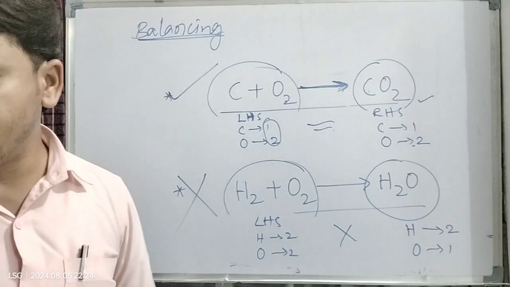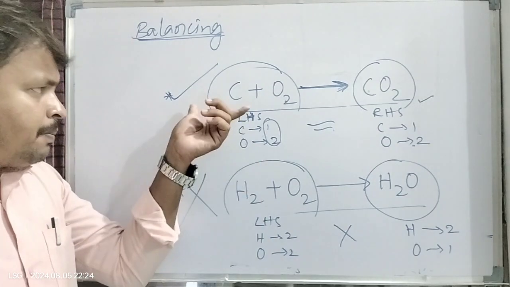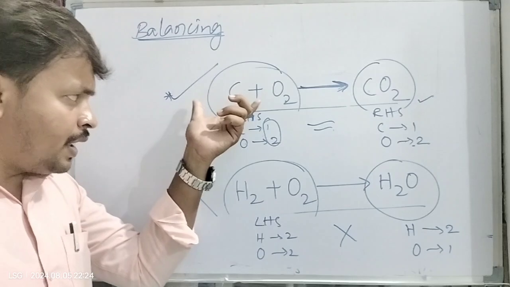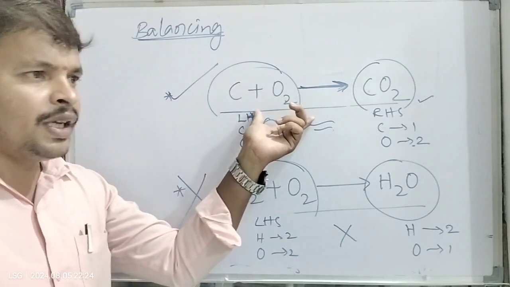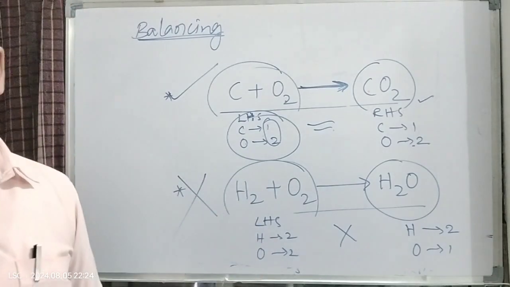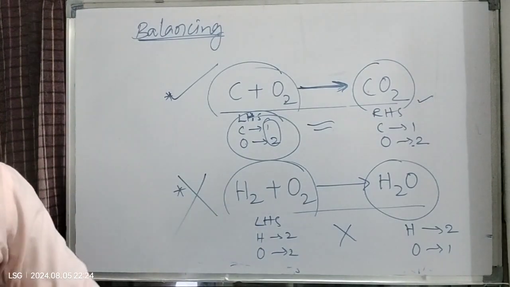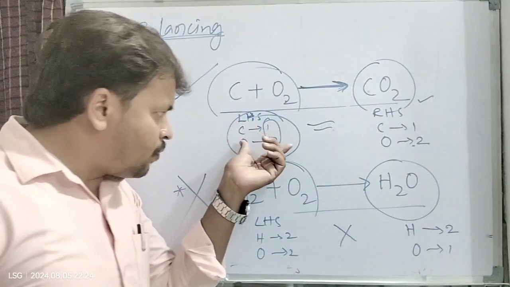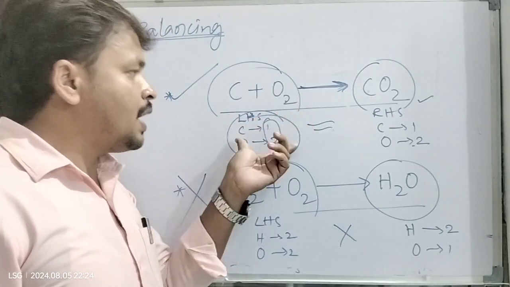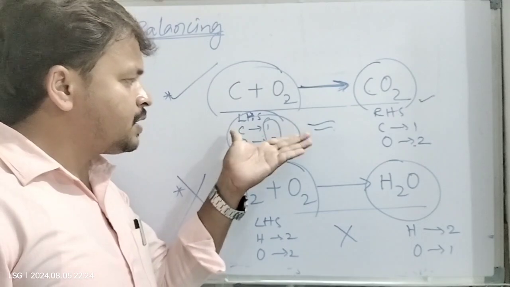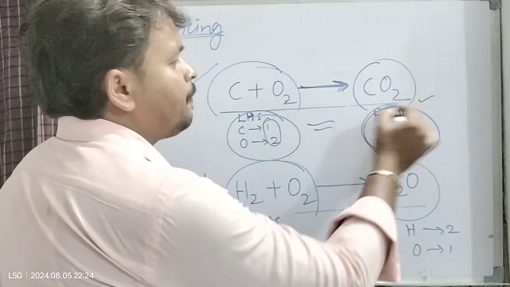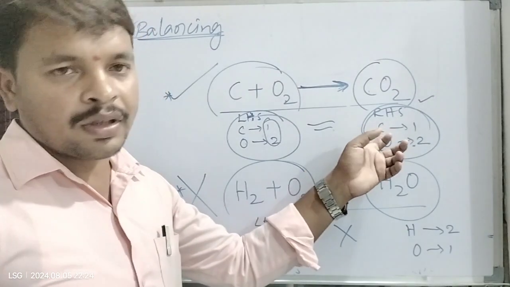What is meant by a balanced equation? A balanced equation is a chemical equation in which the number of atoms involved in the reactant side is equal to the number of atoms in the products.